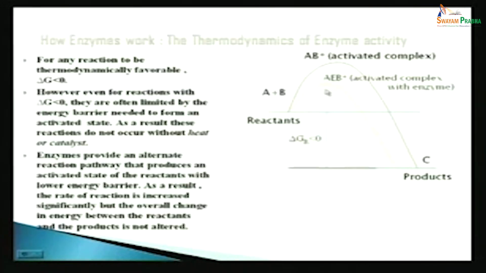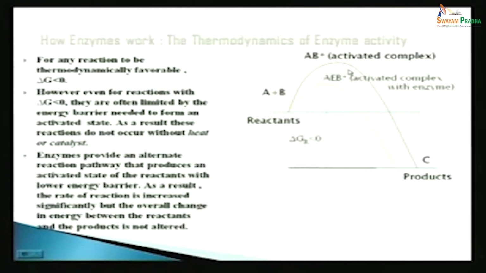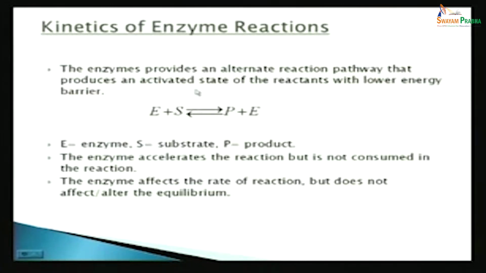If you have A plus B together, there are two substrates, and the enzyme goes and binds with them. There could be a substrate here and another substrate on the other side, and the enzyme fits into the active sites of both of them together and forms this complex AEB, which then later dissociates to give you a product and your enzyme.